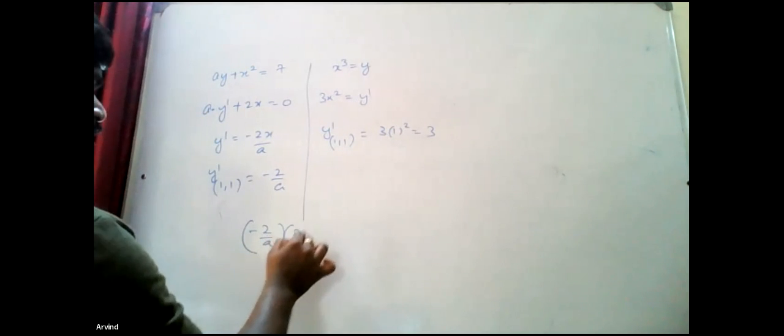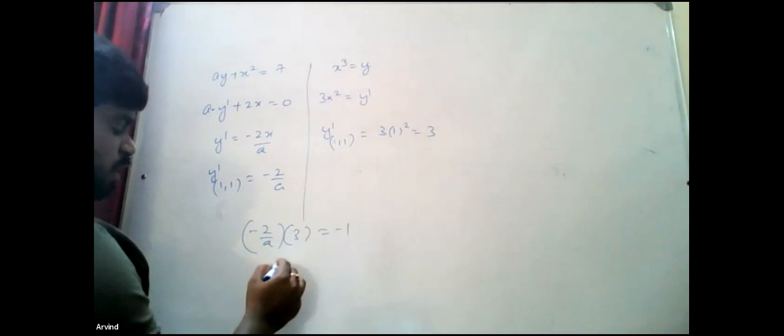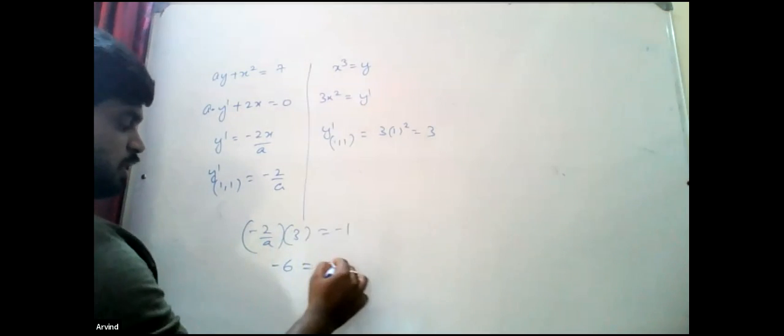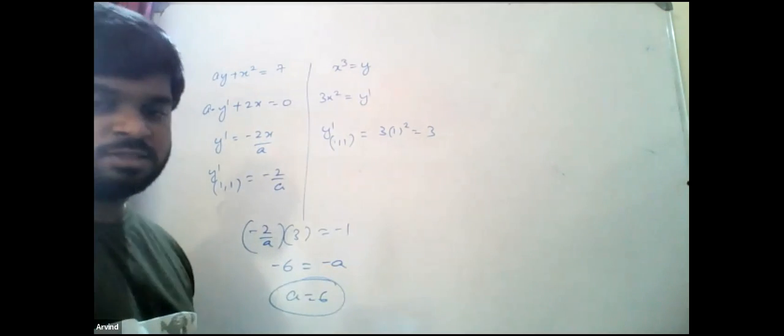So if you multiply both the slopes, you should get −1 because they cut each other orthogonally. Therefore, −2 × 3 = −6 = −a. Minus minus gets cancelled. Therefore, a value is 6.